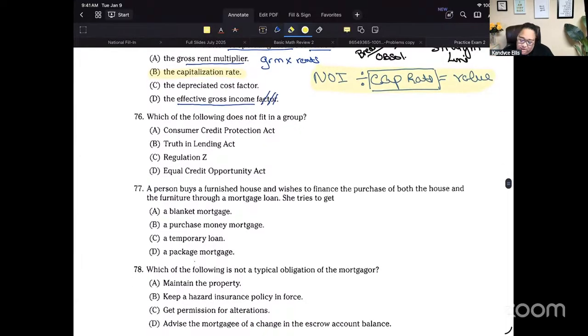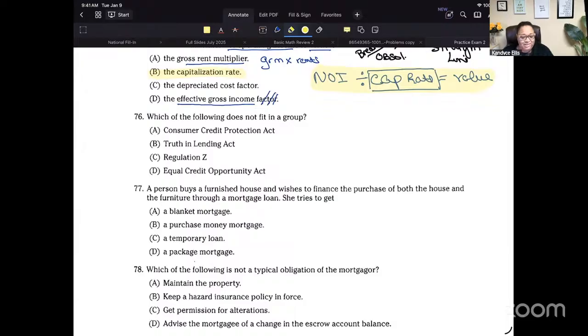Number 76. Which of the following does not fit in the group? A, Consumer Credit Protection Act; B, Truth in Lending; C, Regulation Z; and D, Equal Credit Opportunity Act.